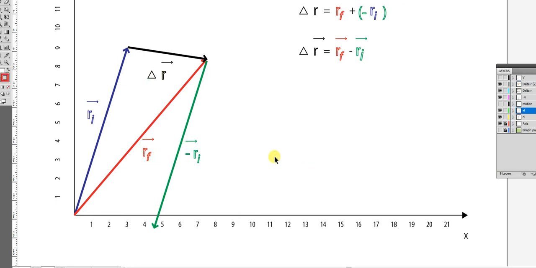So when we have r final minus r initial, which is delta r, this is the first displacement, this is the second displacement, then delta r is the final displacement minus the first displacement, which is this vector.